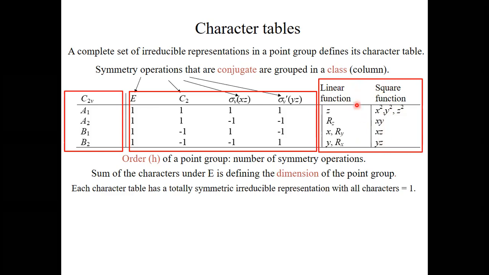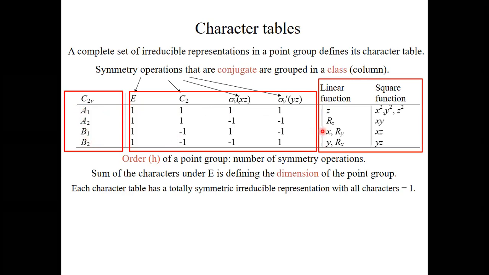The coordinates are considered linear functions. And you see here the coordinates z, x, and y in the rows for the irreducible representations belonging to the symmetry types A1, B1, and B2, respectively.